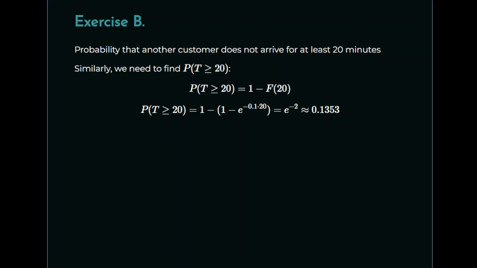Again, the same approach: 0.1 times 20 is 2. So essentially what we end up with is the exponential of minus 2. So the probability of t being greater than or equal to 20 is the exponential of minus 2, and that is 0.1353, 13.53%.